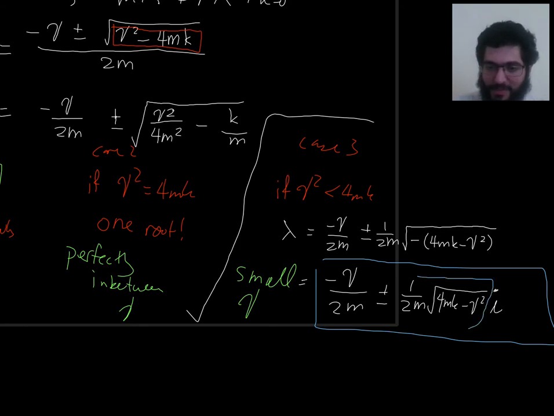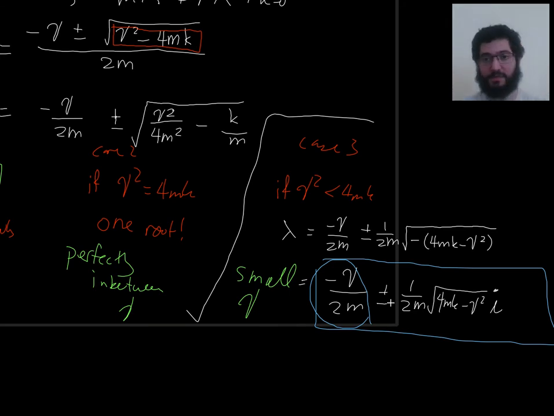The imaginary part ends up being a frequency, like an angular frequency, and the real part is the rate on the exponential factor that sits in front of everything. So you're seeing that this is negative, right? So you have an exponential decay factor sitting out in front, and this is the frequency. So that's pretty neat.